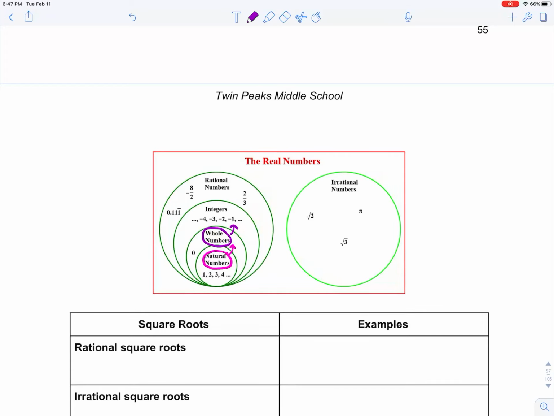You see what's happening here? As you go smaller and smaller into these circles, you're getting more specific. And as you go outwards, you're getting a little bit more general. You're casting a wider net here. But natural numbers are whole numbers are integers are rational numbers, and rational numbers are real numbers.